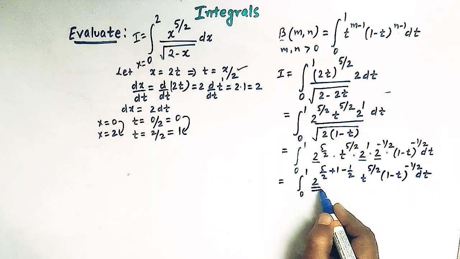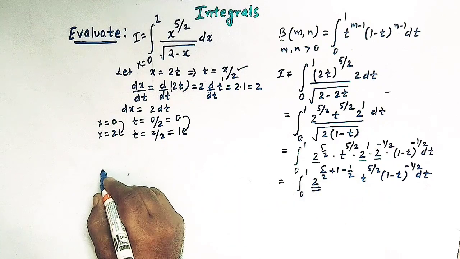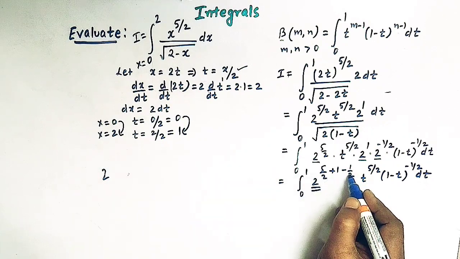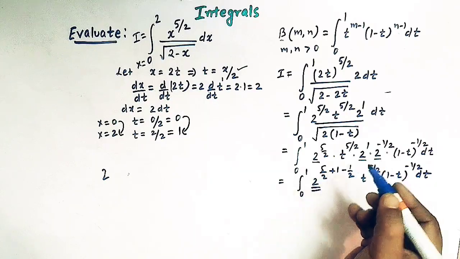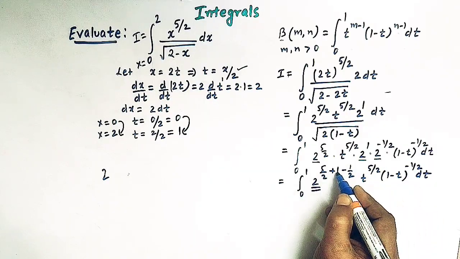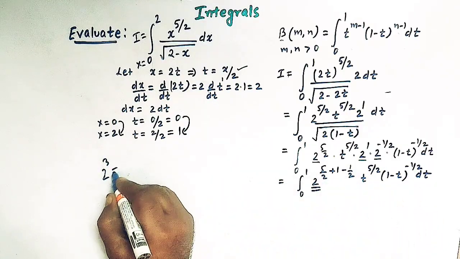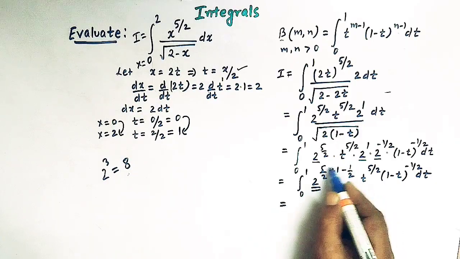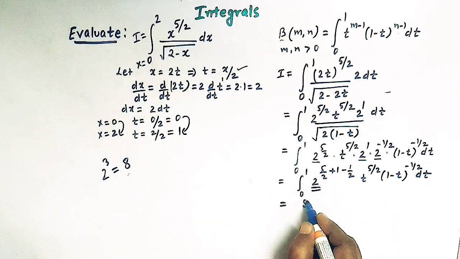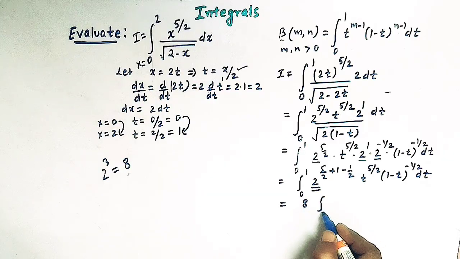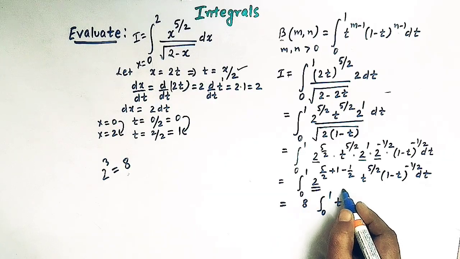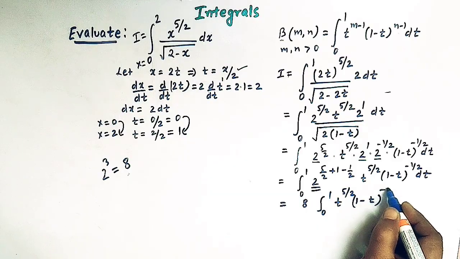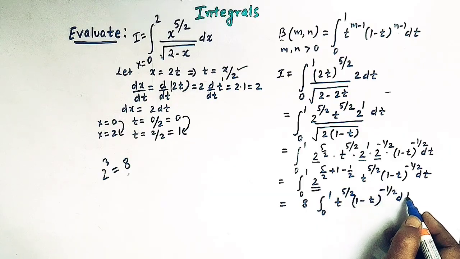Now simplifying this term, we have 2 raised to, here 5 over 2 minus half is 4 over 2, that is 2, and 2 plus 1 is 3. So we have 2 cubed, that is equal to 8, right? And taking 8 outside the integral, we have 8 times the integral from 0 to 1 of t raised to 5 over 2 and (1 minus t) raised to minus half and dt.